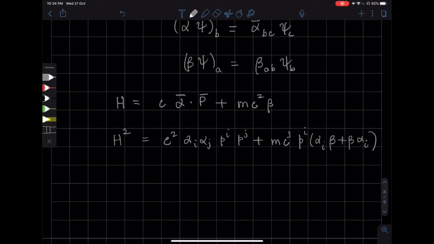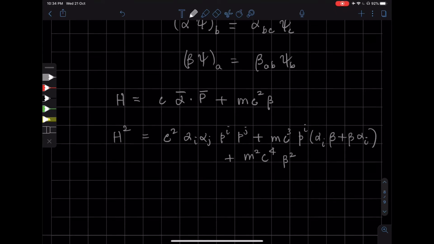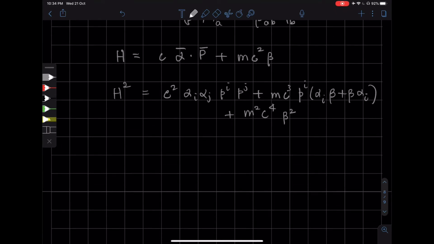Remember that beta and alpha are matrices, so they don't commute in general, plus m squared c to the power 4 beta squared. Now, of course, this is the square of the energy, and we know what the square of the energy is. It's given by p squared c squared plus m squared c to the power 4. So our expectation is this should be equal to p squared c squared plus m squared c to the power 4.